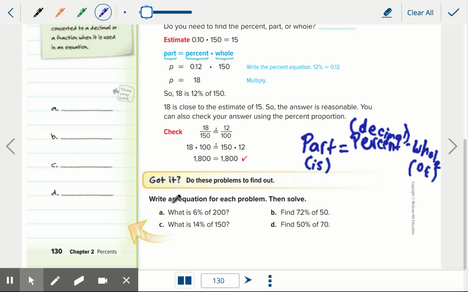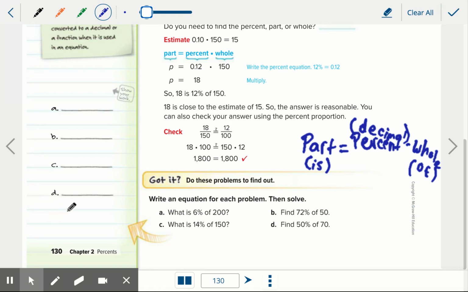What are we looking for here? What is 6% of 200? Well, we're looking for the part, right? And this goes back to what we did a while ago.